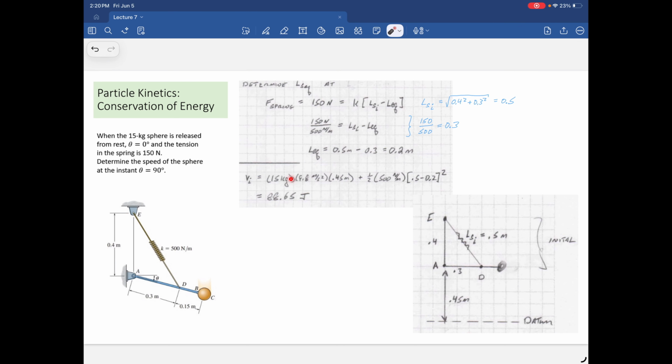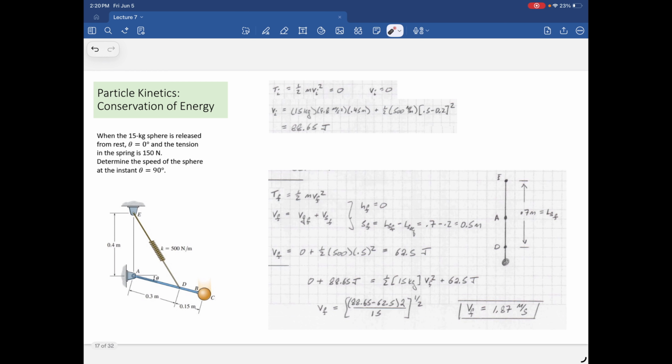That gives me a total potential energy of 88.65 joules. So the initial kinetic energy is 0, and the initial gravitational and spring potential energy is 88.65.